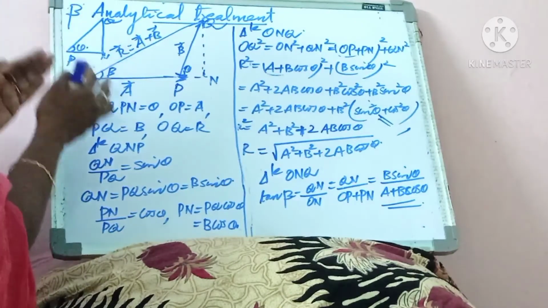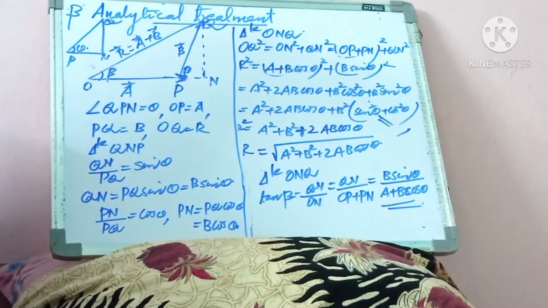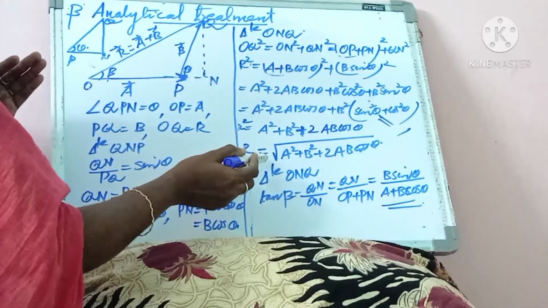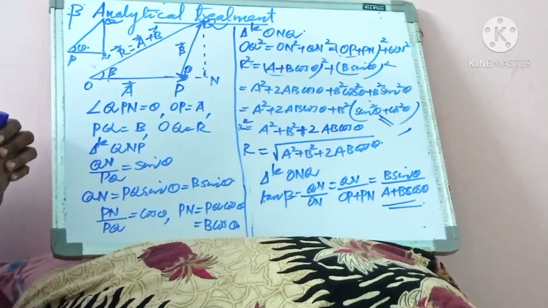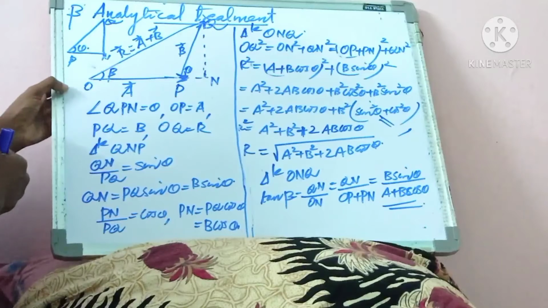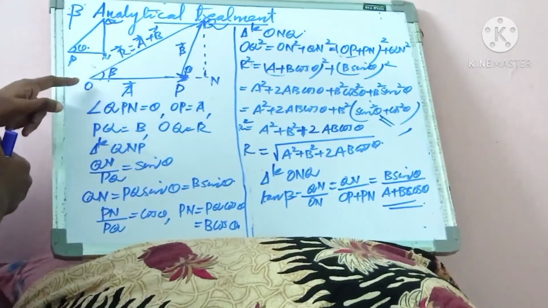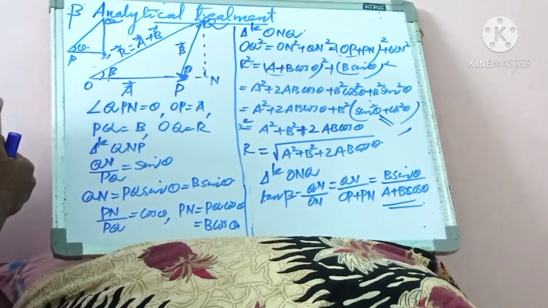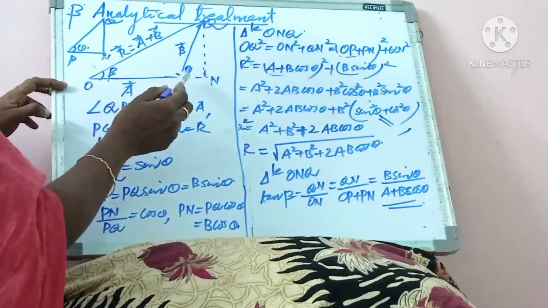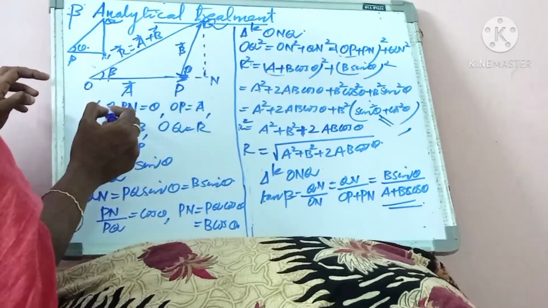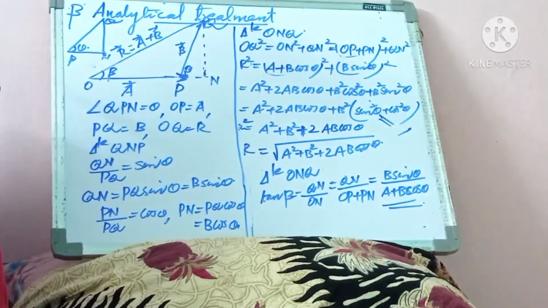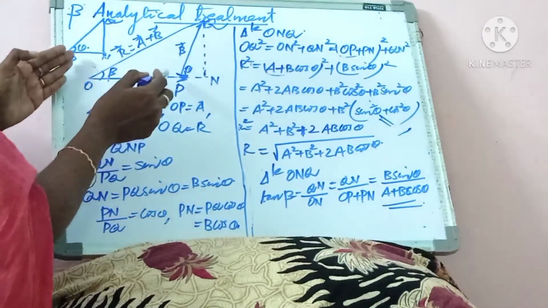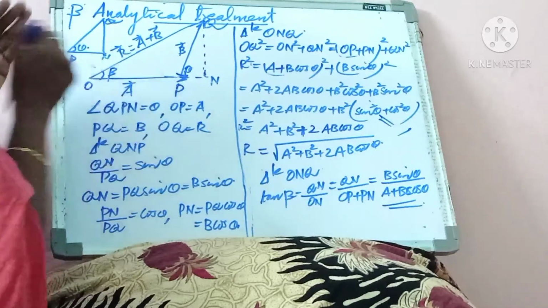By using this analytical treatment, we can find the magnitude of the resultant vector as well as its direction. Here, I'll repeat: when we consider the triangle, angle QPN equals theta. All these things are written using this diagram.